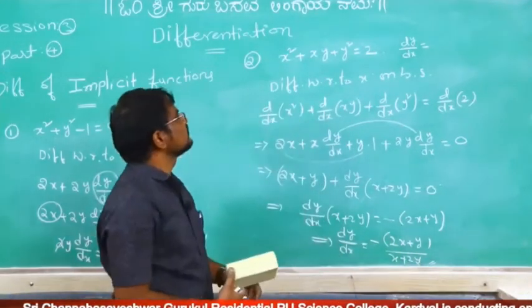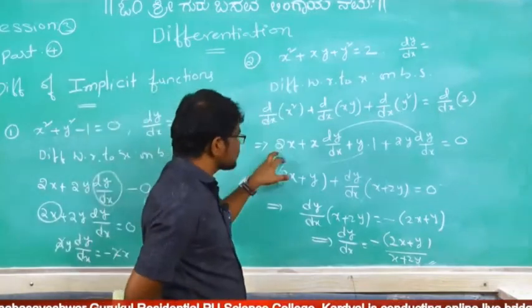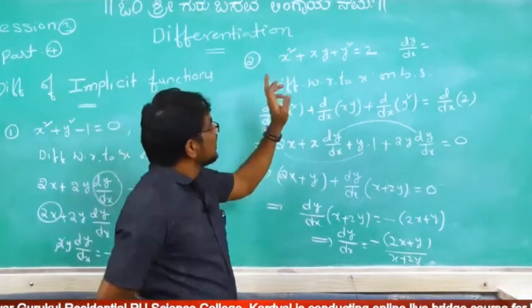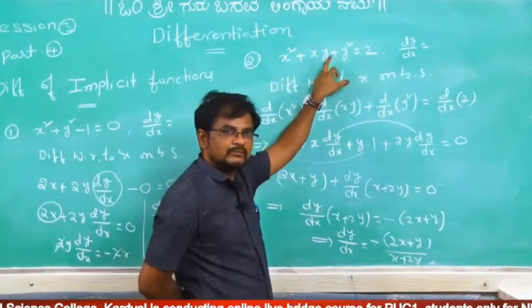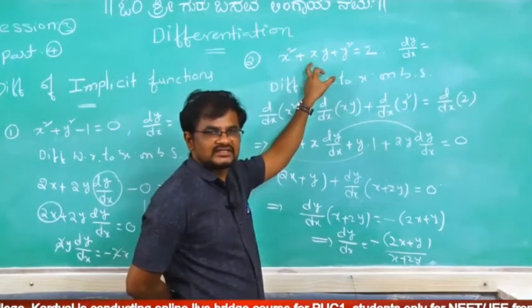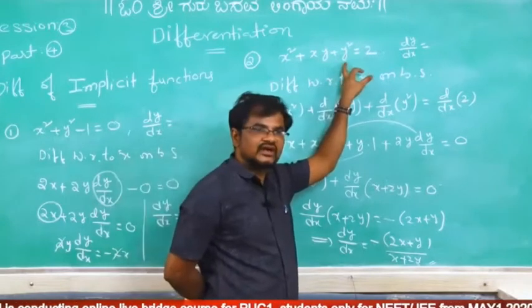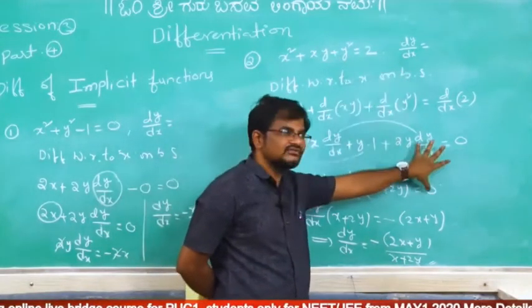So once again listen, what you did: differentiation of x square is 2x, and the differentiation of xy by the UV formula is x differentiation of y plus y differentiation of x. Next differentiation of y square is 2y dy by dx, differentiation of constant is 0.